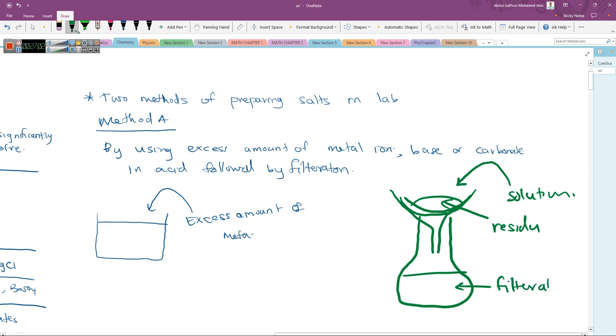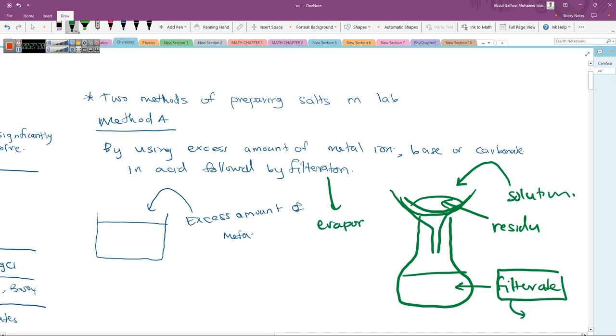Then again this filtrate should be evaporated to remove the water, and then the final product will be called crystals, right? So it will be in solid form. So after filtration we have to do evaporation.